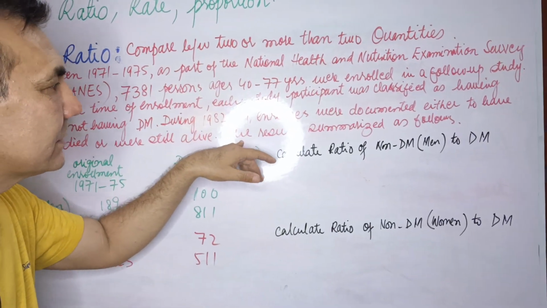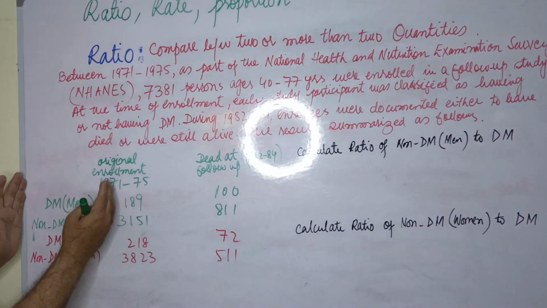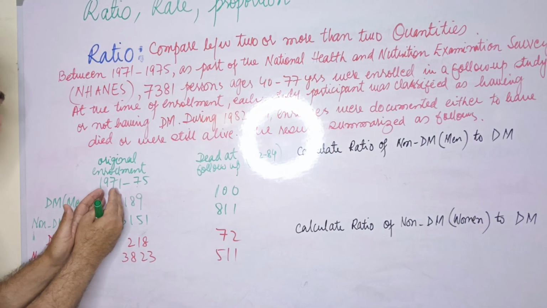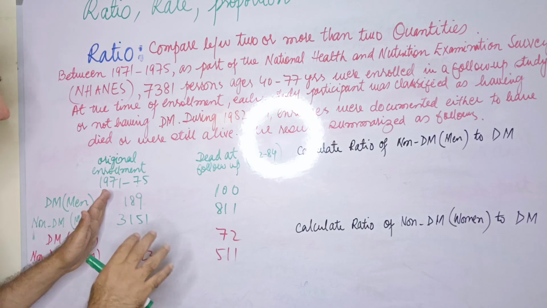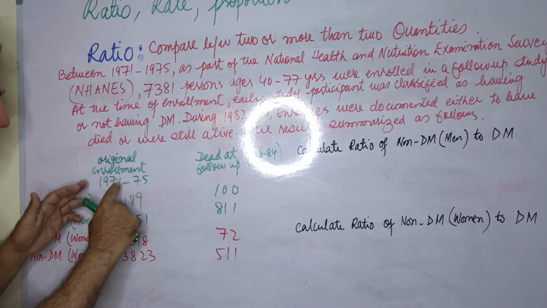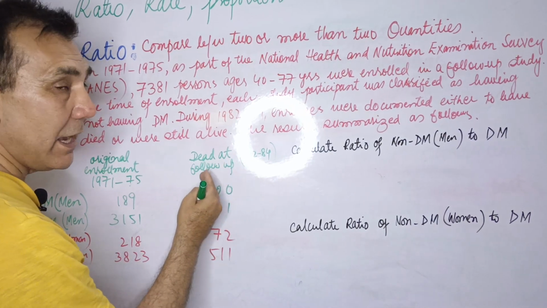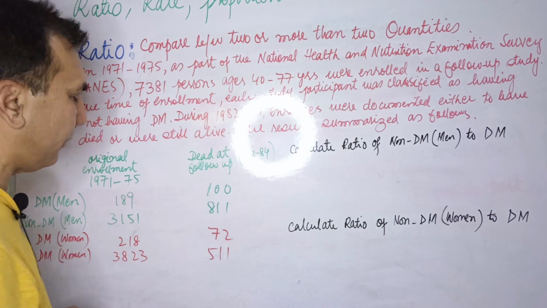The results are summarized as follows. One side is the original enrollment of people between the ages of 40 to 77 years from 1971 to 75, and the other side is the deaths at the follow-up study between 1982 to 84.